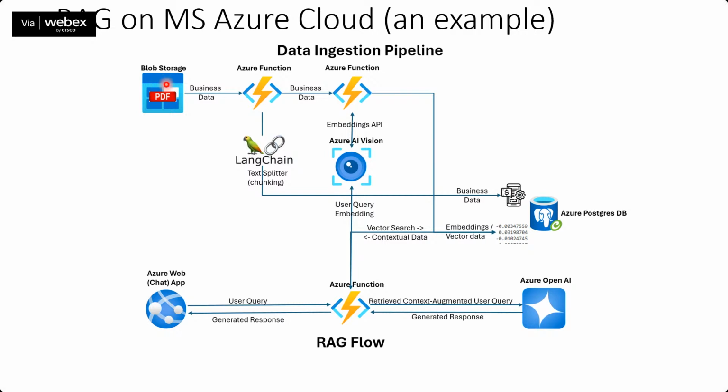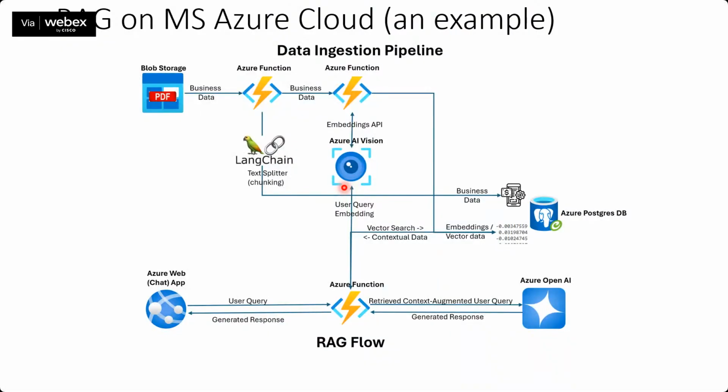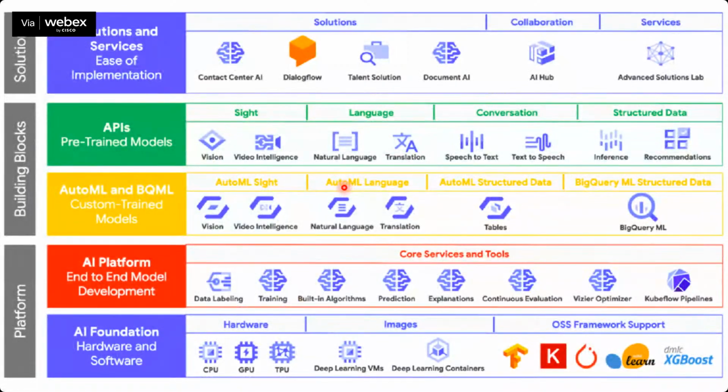I've used Azure Blob Storage, Azure Functions, Azure AI Vision, Azure Web Chat, Azure OpenAI as the LLM, and then Azure Postgres database as the database. So just like you have these services from Google, you have similar or equivalent services available on Azure as well as AWS.